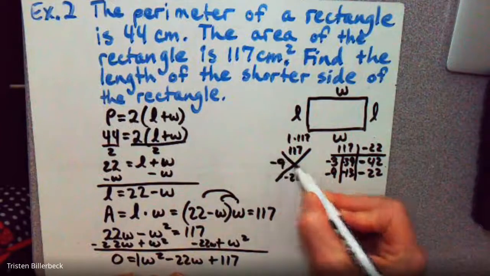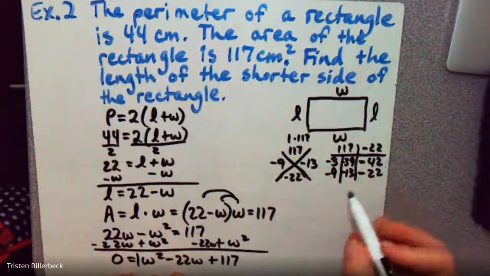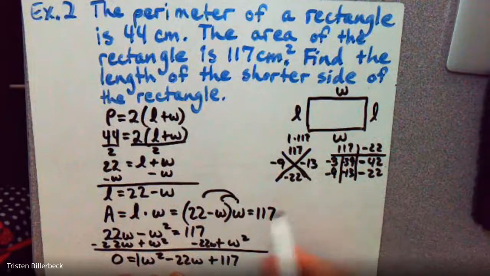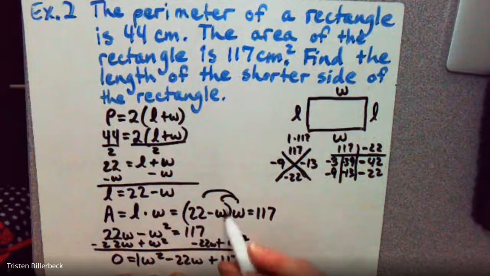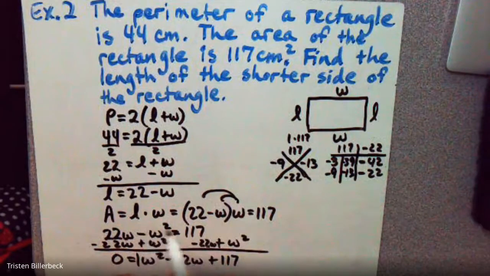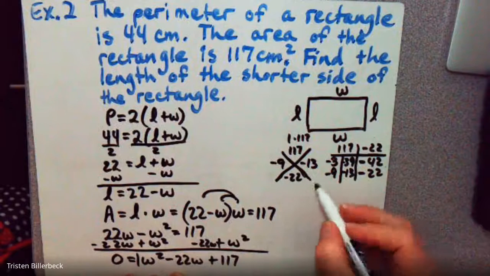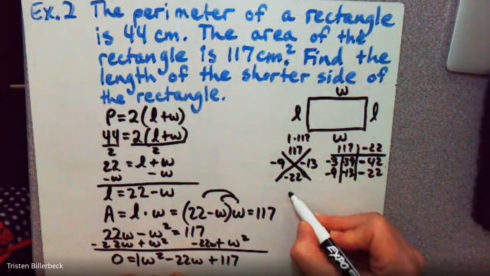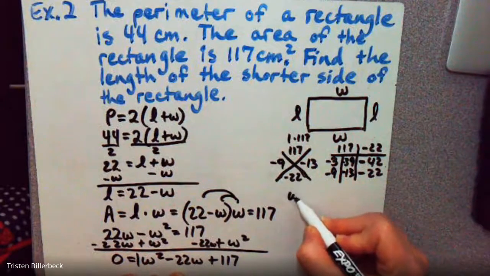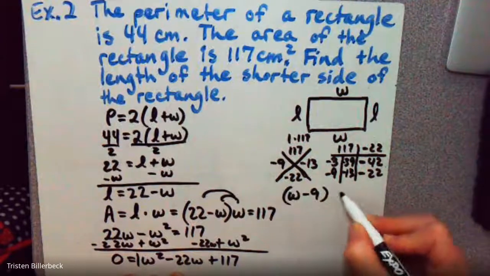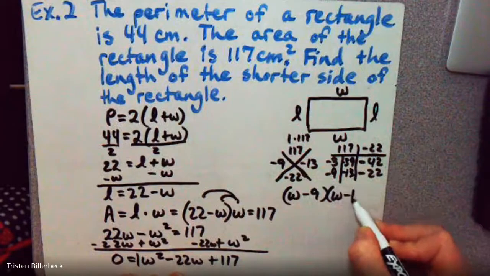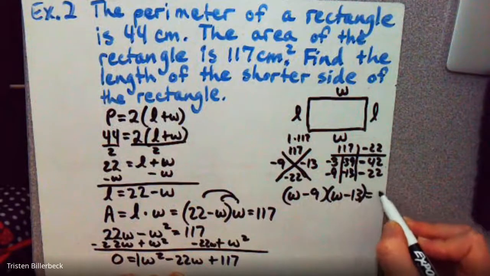Now we have it, and W has a coefficient of 1, so we can go straight from negative 9 and negative 13 and put it back together in factored form: W minus 9 times W minus 13 equals 0.